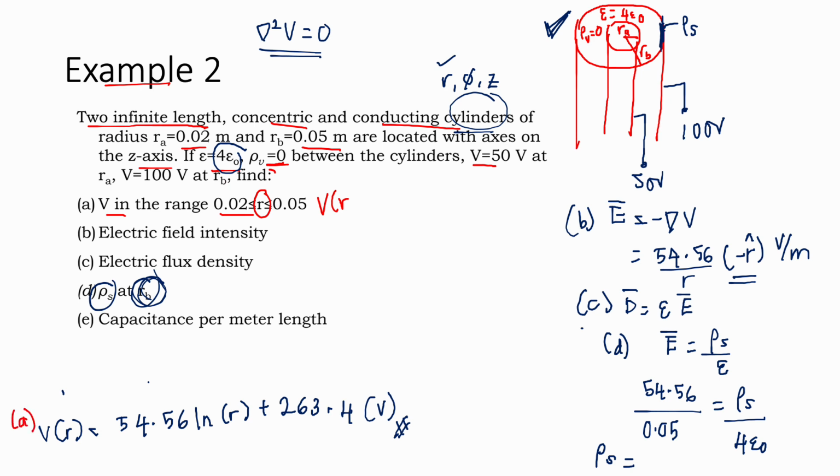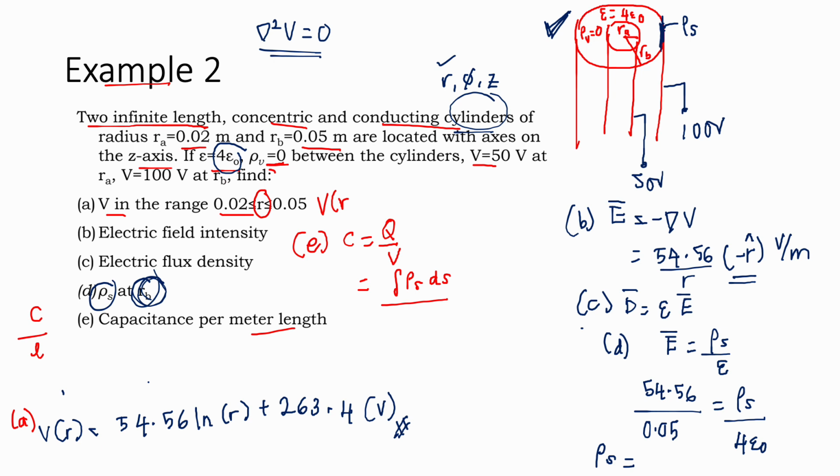For E, we need to determine the capacitance per meter length, meaning C over L. C is given as Q divided by V. Same as previously, Q is the integral of rho S dS, and V is the potential difference.